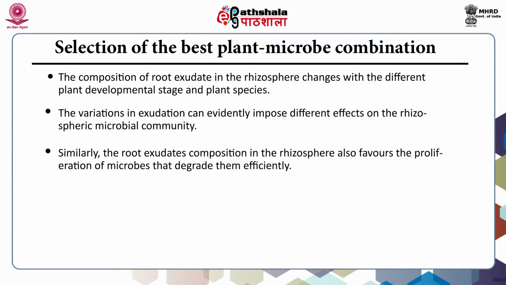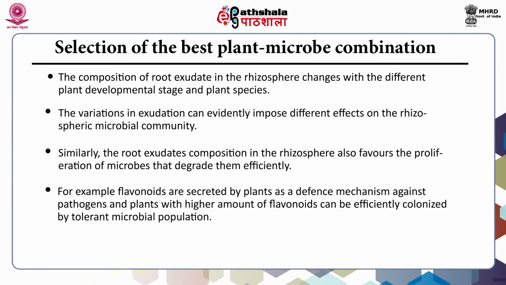Likewise, the root exudate composition also influences the proliferation of certain microbes which possess degradation ability. For example, flavonoids, which are secreted by plants as a defense mechanism against pathogens, can be one example. A high amount of flavonoids can help in colonization of more microorganisms in the rhizosphere region.